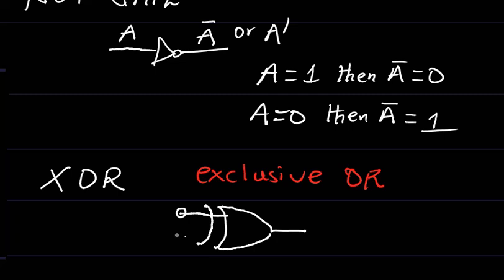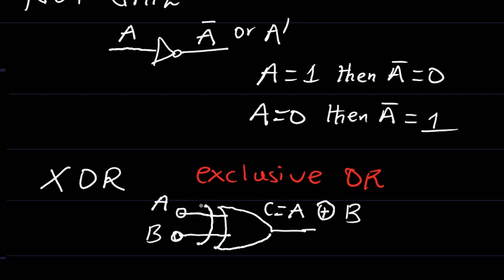This is the symbol of the XOR gate, and of course it's an exclusive OR. This is how we write the expression: C is A XOR B. So this is the input A and this is B.